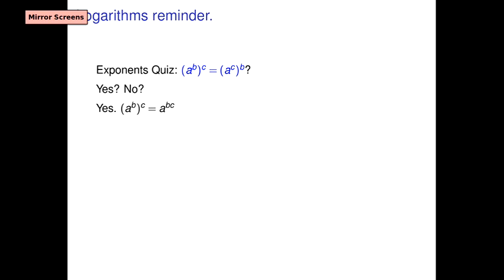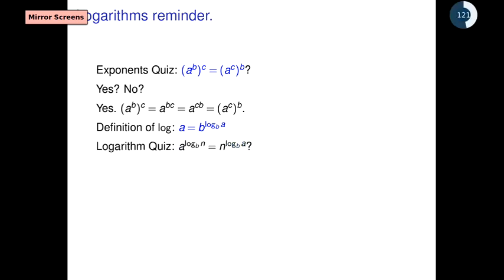You have b times c a's, and then you reverse, and then you can parenthesize. Does that make sense? So that's 1. Remember that the definition of log base b of a is whatever you need to raise b to get a. It's the exponent by which you need to raise b to get a.